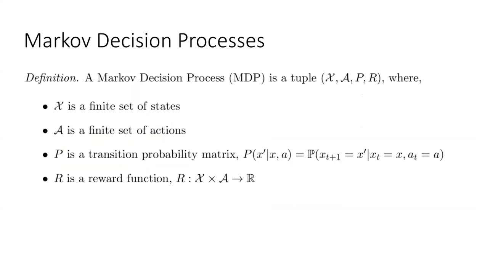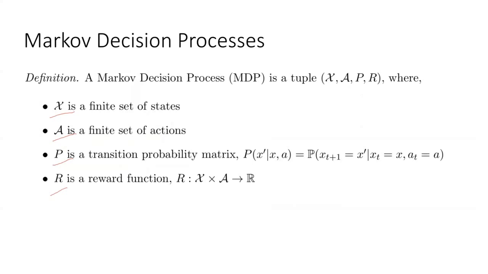Okay, so now let me give you a little more formal definition of MDP. It's a tuple with a finite set of states, a finite set of actions, a transition probability matrix, and a reward function.